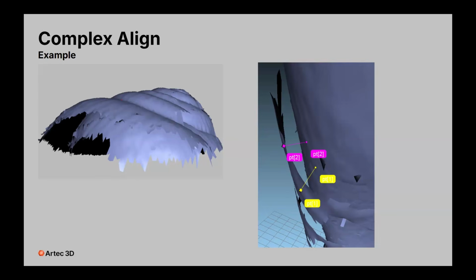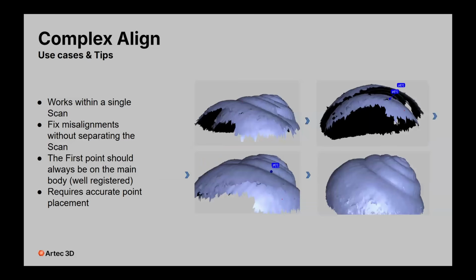So let's take a look at this scan right here. As you may see, there is a significant misalignment between some of the frames, and we are going to fix it.